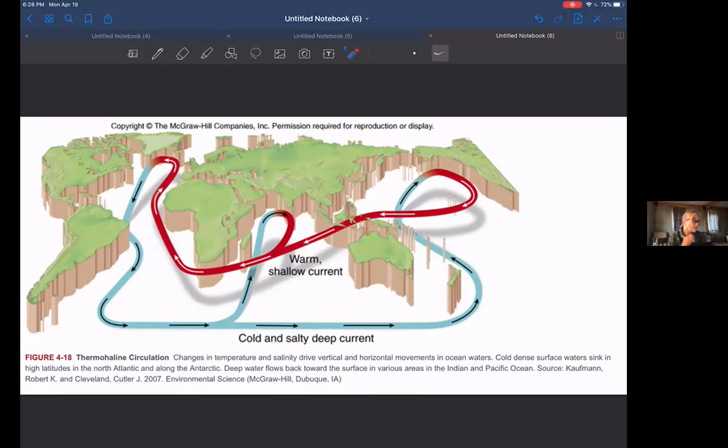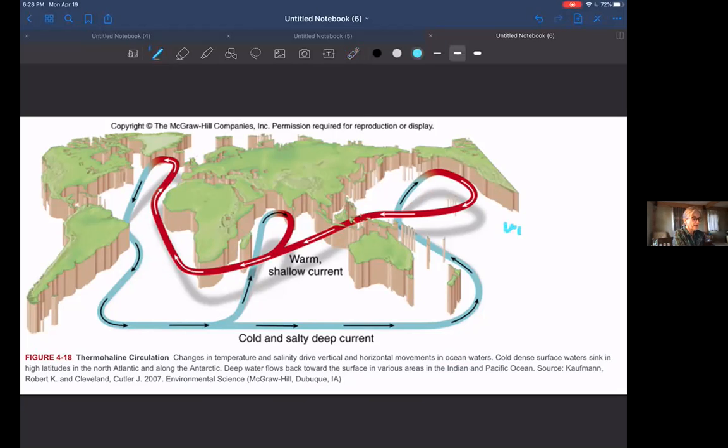The other interesting thing is that there are some places where cold water comes up to the surface. Where cold water comes up to the surface on the western side of our continents, we find that these tend to be very nutrient-rich waters, and these are called upwellings.